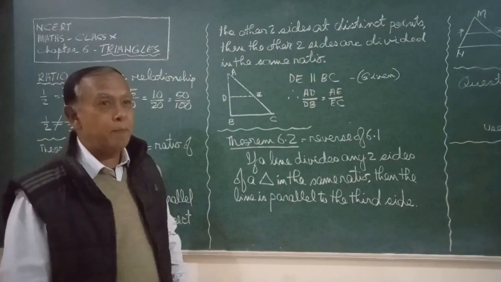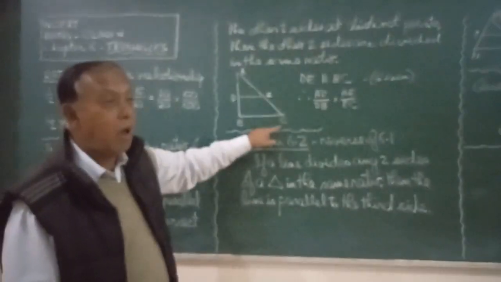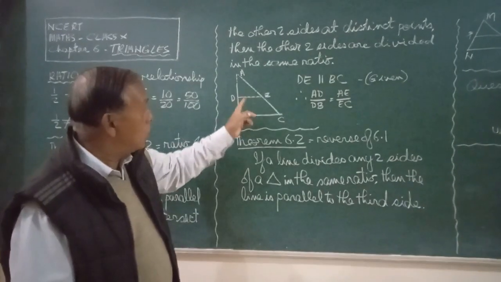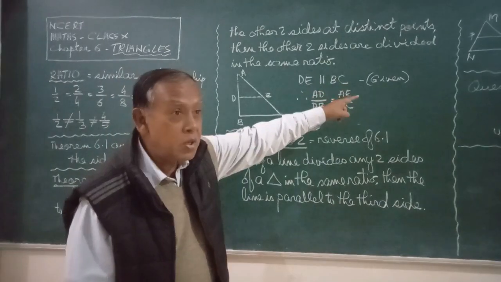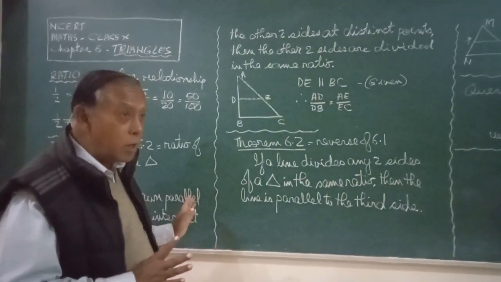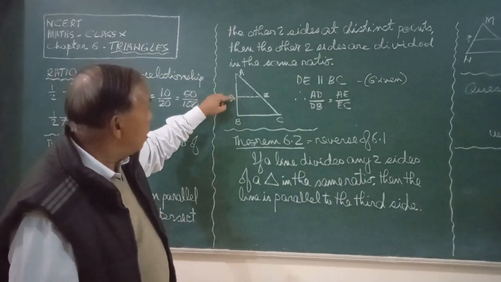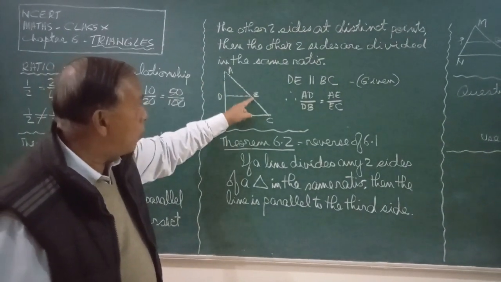Look at this diagram. We have a triangle ABC and we have the line DE which is drawn parallel to BC. DE is parallel to BC. We are given that. And the conclusion is, according to the theorem, that these two sides AD upon DB will be equal to AE upon EC.